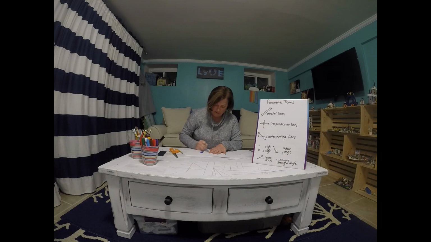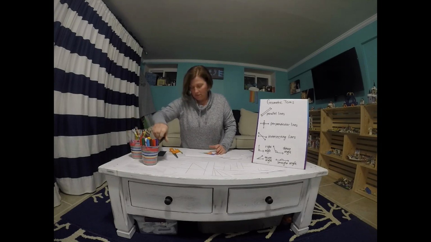Do it fast. I know you guys have zero desire to see me color. After you finish coloring, you guys will do a much better job than me, I promise.